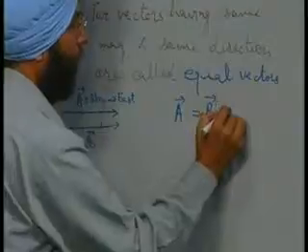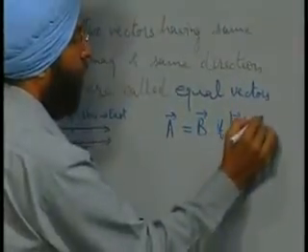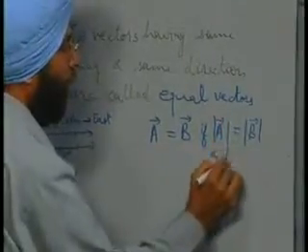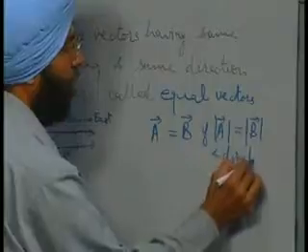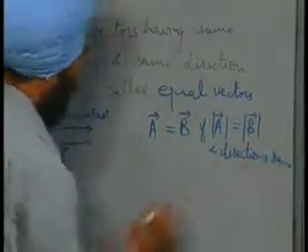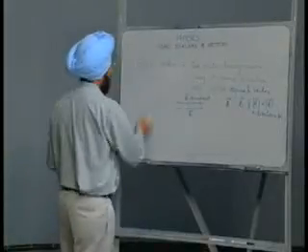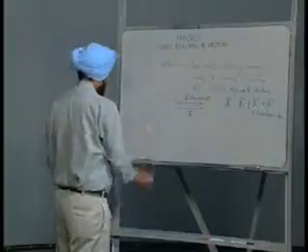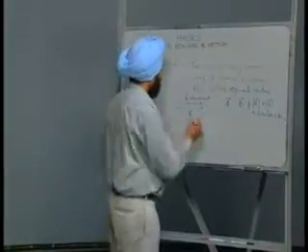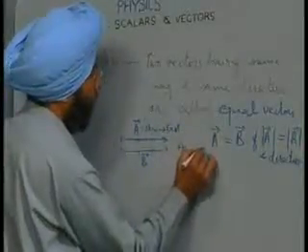A is equal to B if magnitude of A is equal to magnitude of B and directions are same. For equal vectors directions are same, that means the angle between A and B is 0 degree.